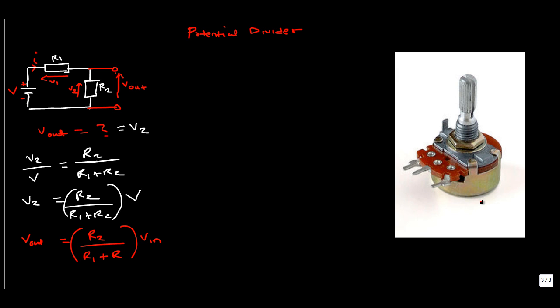Now we're going to do a simple problem involving potential dividers. I can't be bothered to actually redraw a potential divider circuit, so we're just going to say here the value of R1 is 4 ohms and the value of R2 is 6 ohms, and your input voltage V is, let's say, 50 volts.